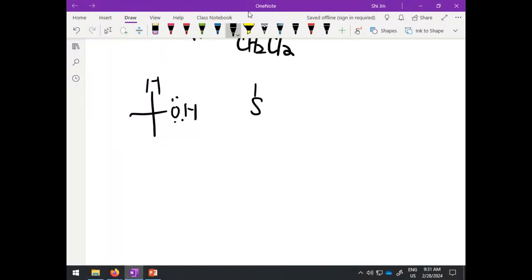Something we have seen in organic one, like thionyl chloride. In this reaction, the first step is the nucleophilic oxygen attacking sulfur.